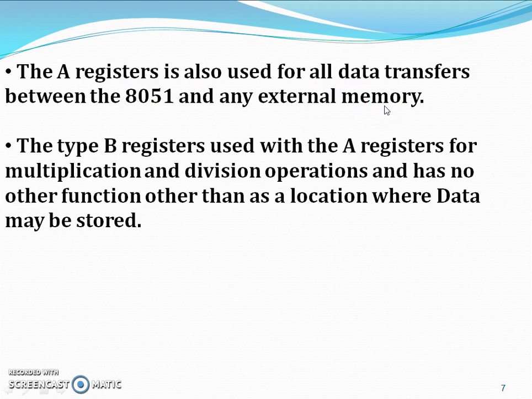In data transfer we can also use other registers, but A is one kind of register that we can use directly in mathematical operations. The B register is used with A for multiplication and division operations, as already talked about, and has no other function other than being a location where data may be stored, right?